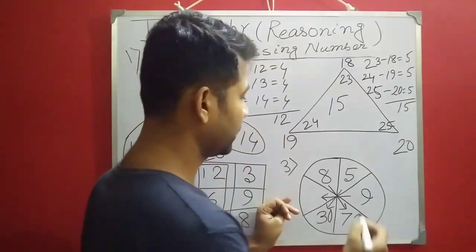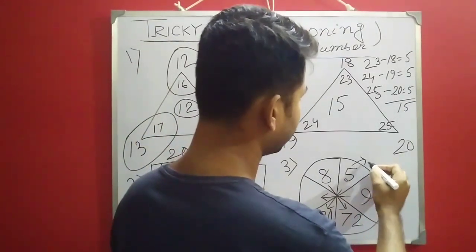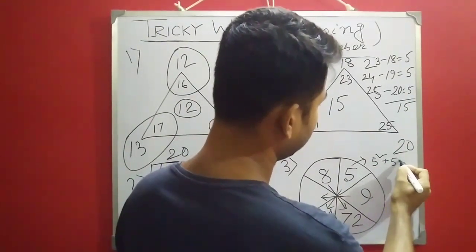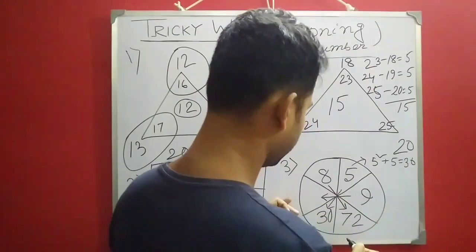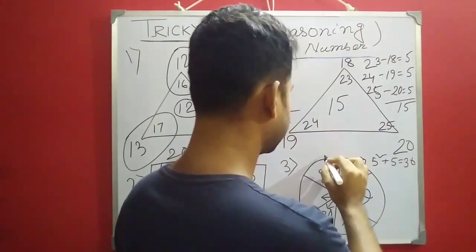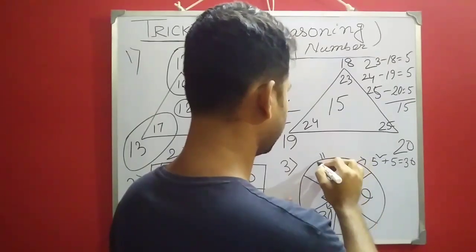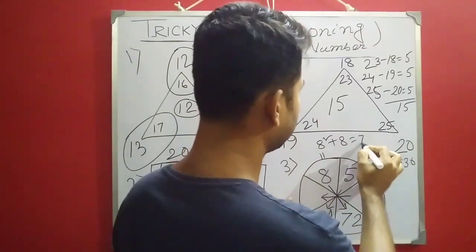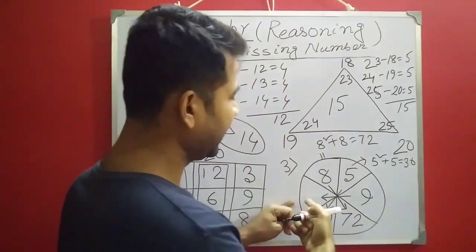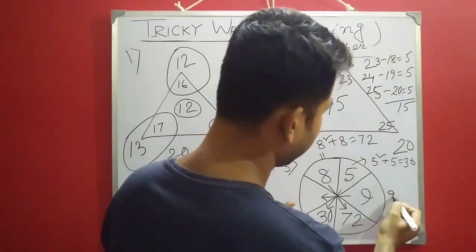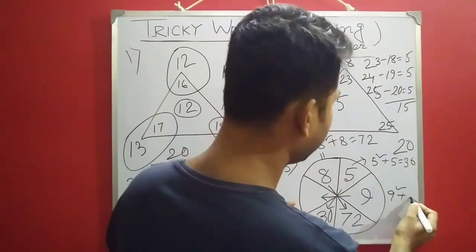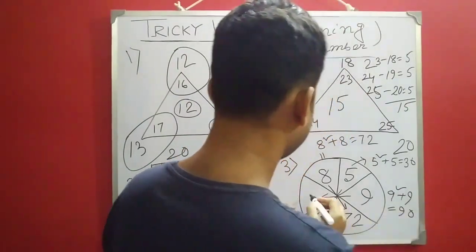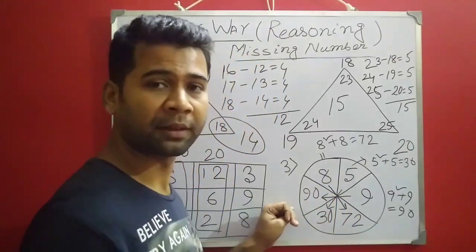So we know for this, 5 square plus 5 equal to 30. For 72, 8 square plus 8 equal to 72. So it will be 9 square plus 9, which will be 90. Clear?